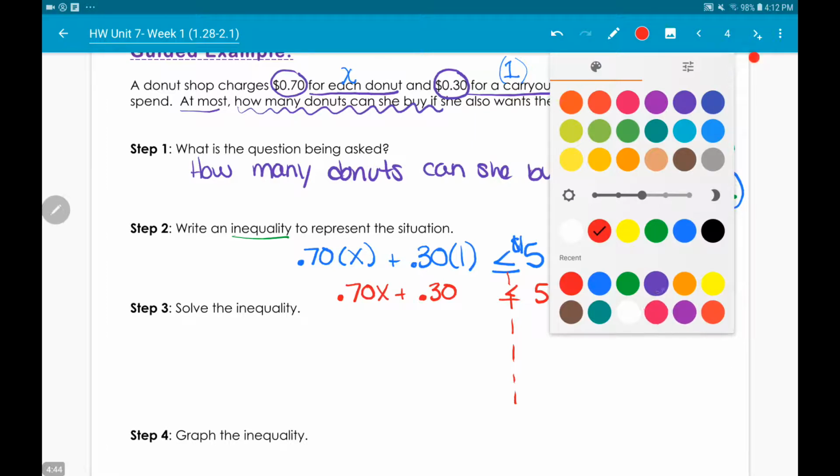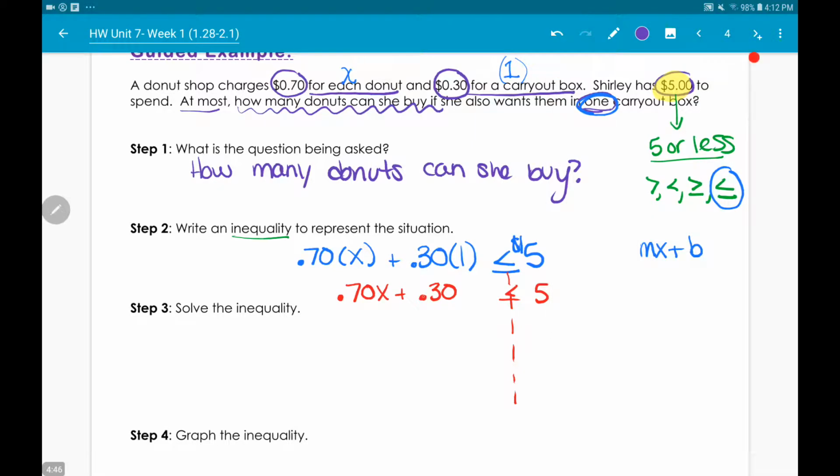I already have variables on the left, but I don't have numbers on the right, so I need to get rid of this number and use my inverse. And last but not least, I'm going to divide.